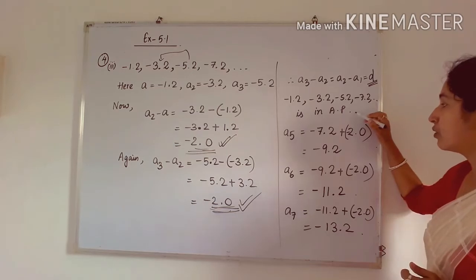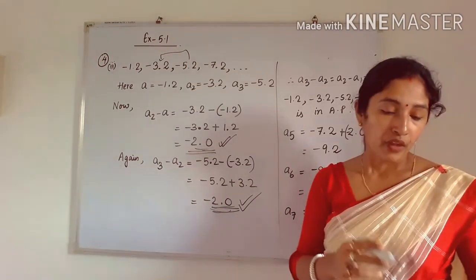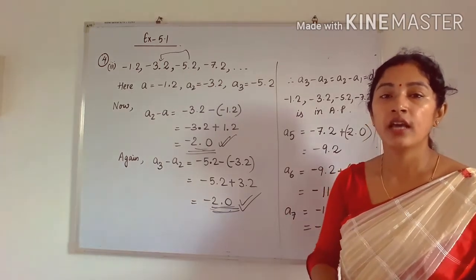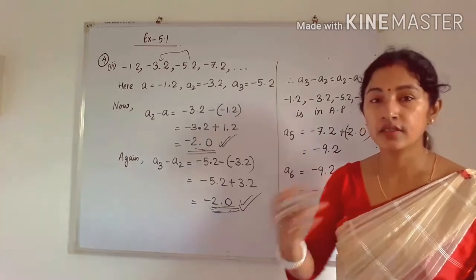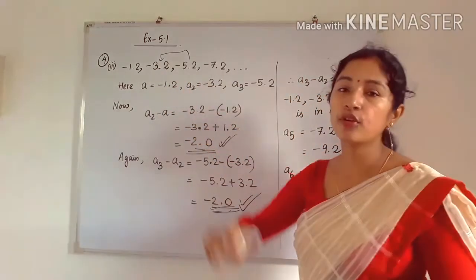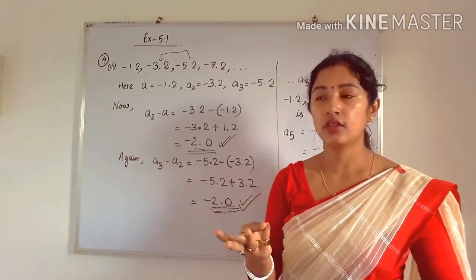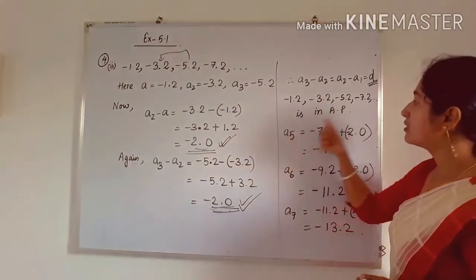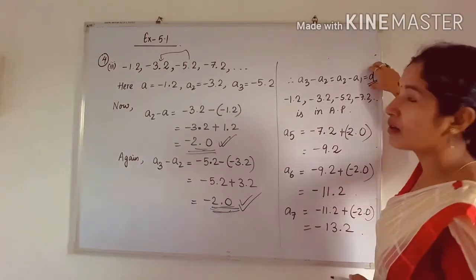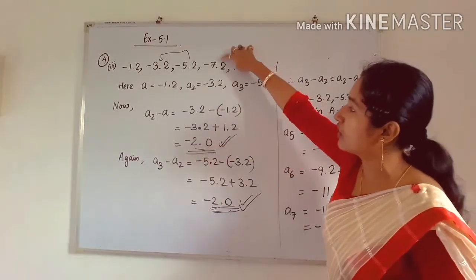Okay. So it is given that if the sequence forms an AP, then we have to find the next 3 terms. See here, up to the 4th term is given. That means we need to find the 5th, 6th and 7th terms. For the 5th term, that means the next term, we add the fixed number, and the fixed number is D. So we add minus 2.0 to the 4th term.